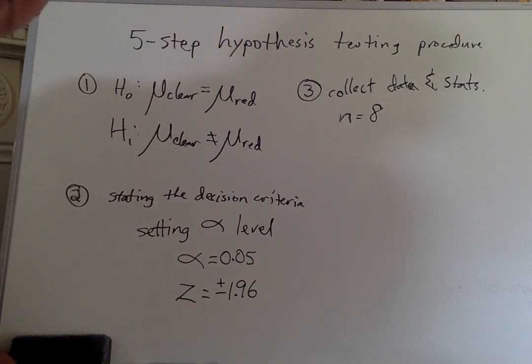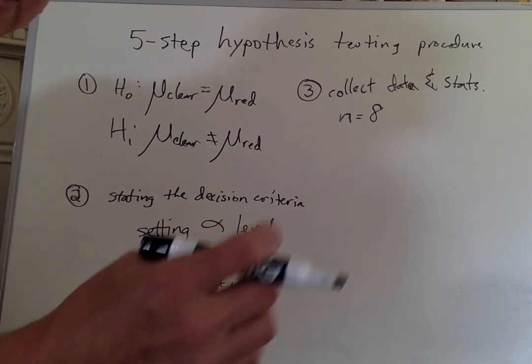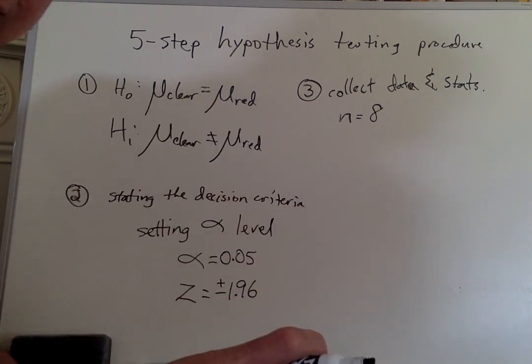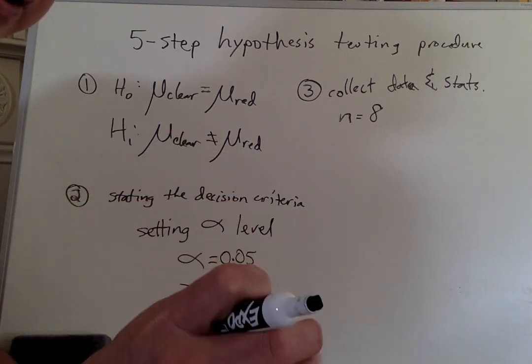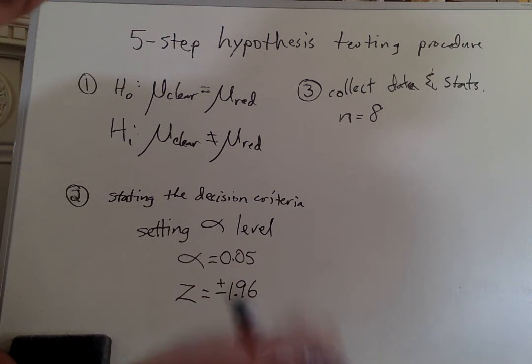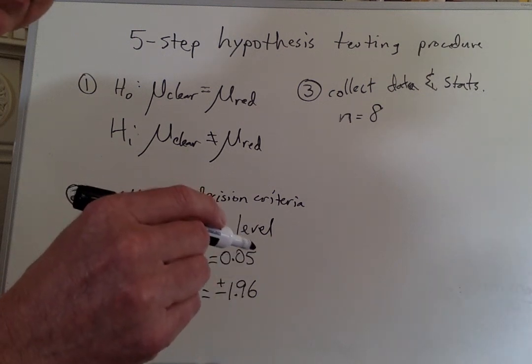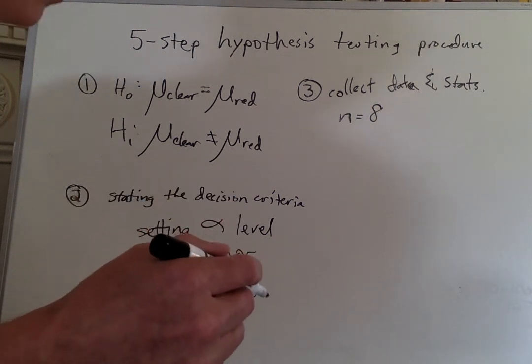So 8 people come into the lab. We're going to give them a color blindness test, and then we're going to have them taste a red colored sucrose solution, have them rate how sweet it is, and then we will do our statistical analysis from there, okay?